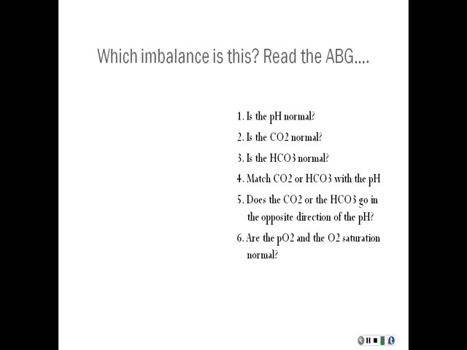And then the CO2, we want to know, is this normal? Well, the normal range for this is 35 to 45, so this is slightly higher than normal, but not terribly high at 46. And then the bicarb level, is this normal? And here we see that at 19 it's less than 22, so it is low. So what is the problem here?